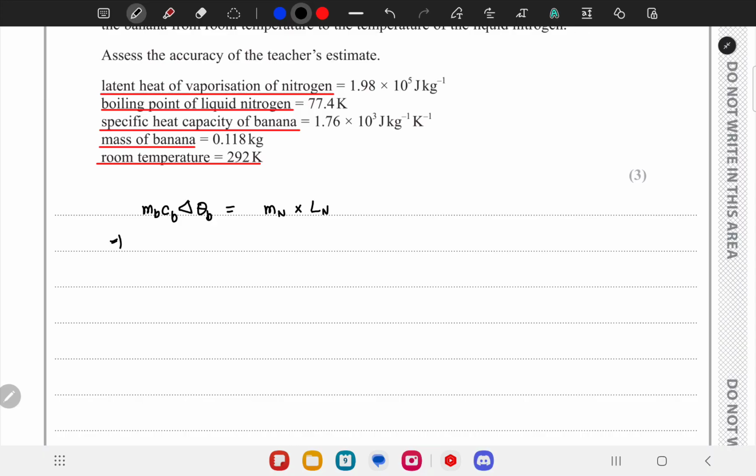The mass of banana is 0.118 kg. The specific heat capacity for banana is 1.76 × 10^3, and the change in temperature is 292 minus 77.4.